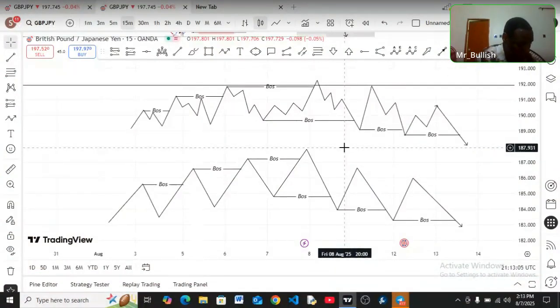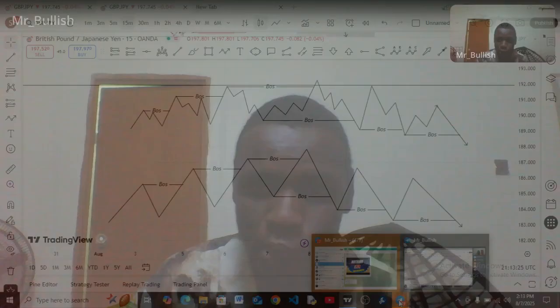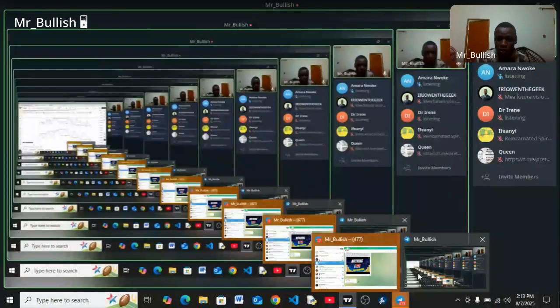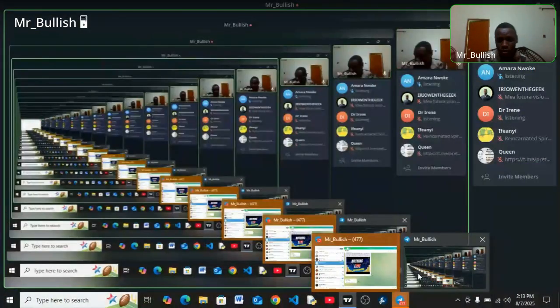Hope you can see my screen. Use the community. Can you see my chart on the screen? If you can see my chart, just type yes.